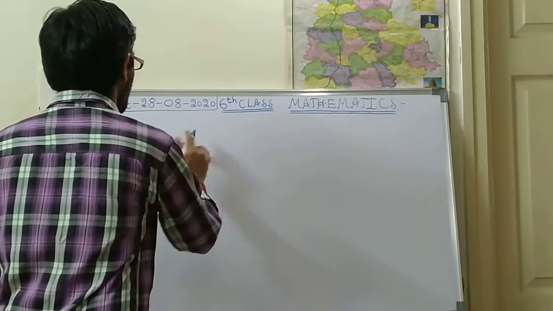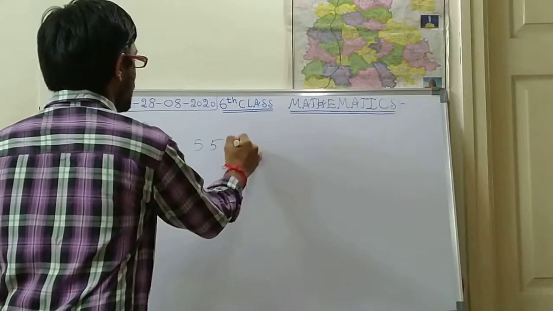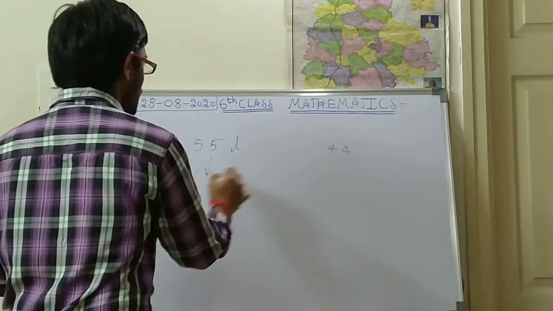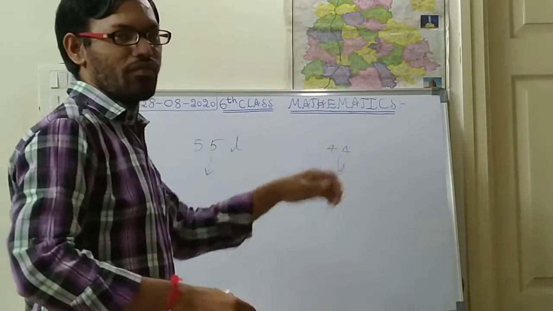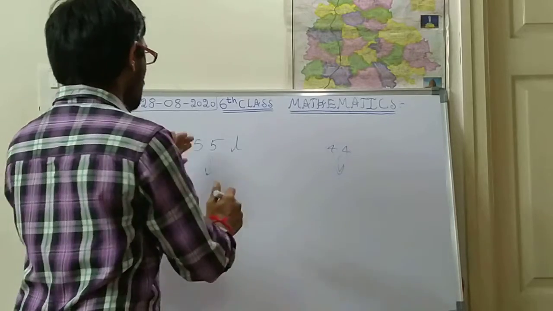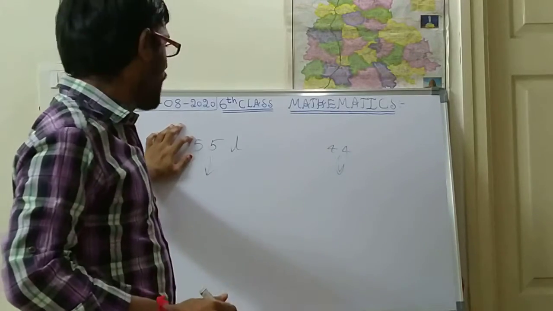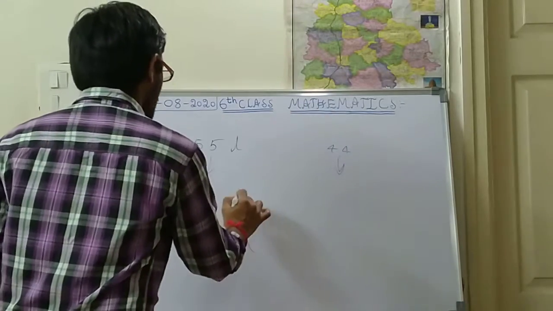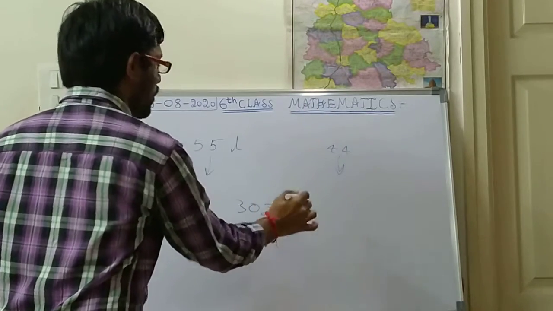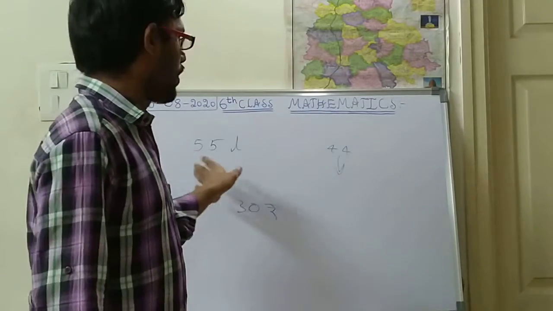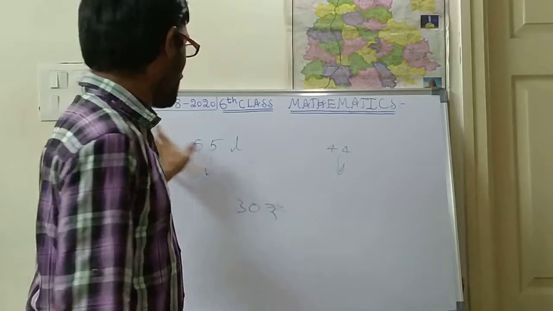Suppose some 55 liters and 44 liters: in the morning session he supplies 55 liters, and in the evening session 44 liters. For each liter the cost is 30 rupees. So how did we calculate the cost per day?